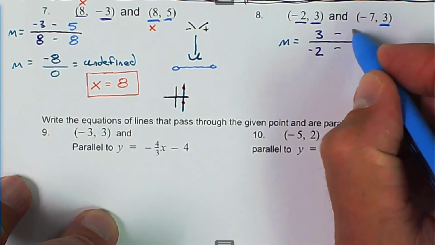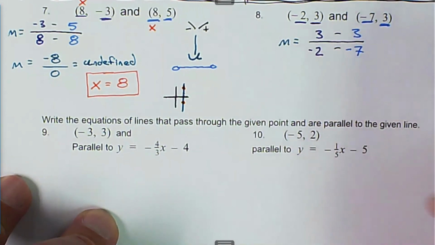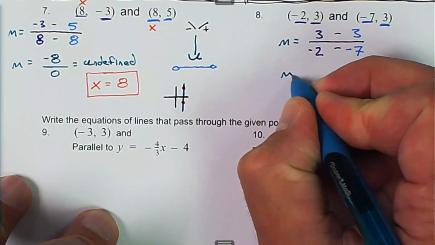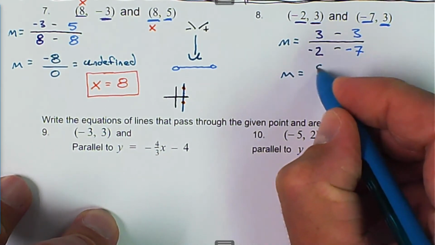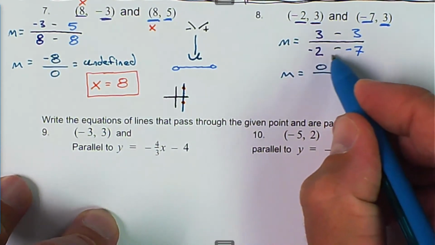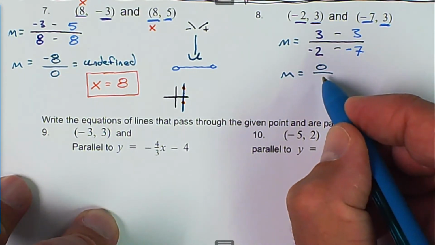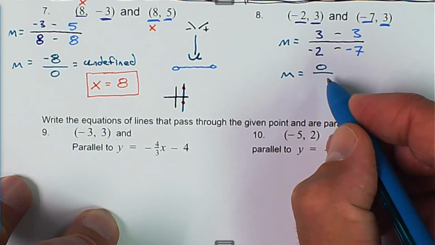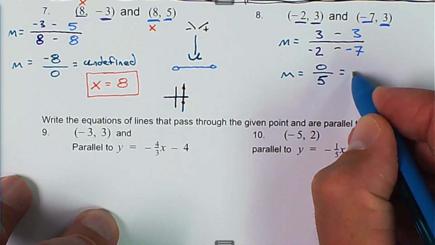Y value is 3, and the X value is -7. So we do that operation. 3 minus 3 is 0, and -2 minus a -7 is +7. So that's going to be 0 over 5. And 0 divided by anything is just 0.